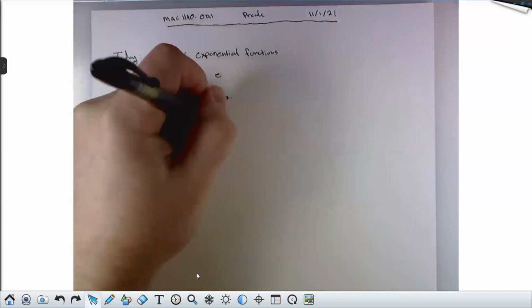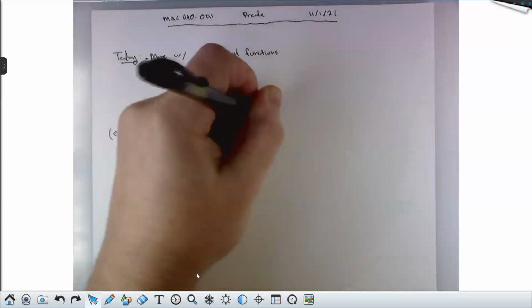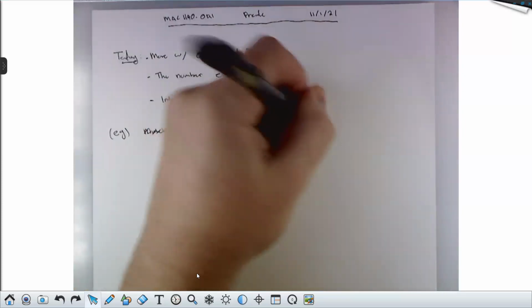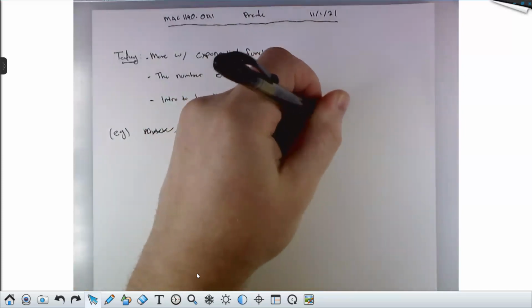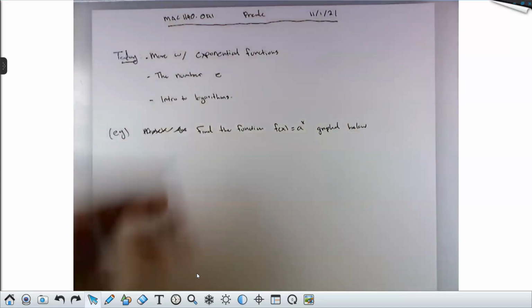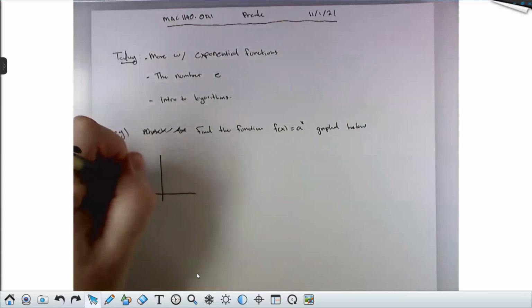Find the function f of x equals a to the x whose graph is below. And the graph looks something like all those exponential graphs.